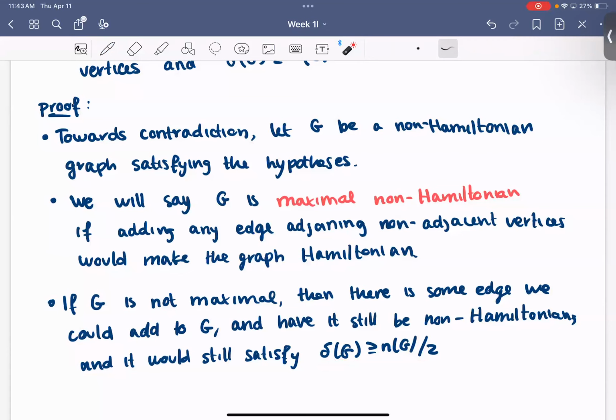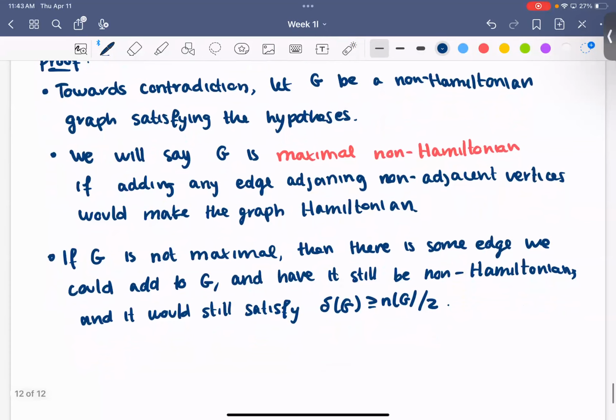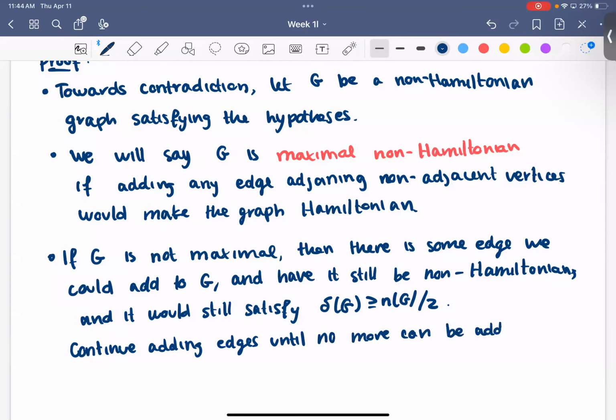If I continue repeating this process, continue adding edges until no more can be added, then I've obtained a maximal non-Hamiltonian graph that satisfies the hypotheses.